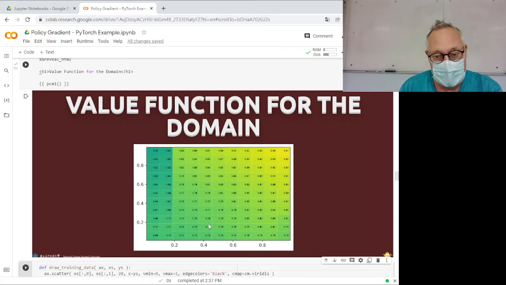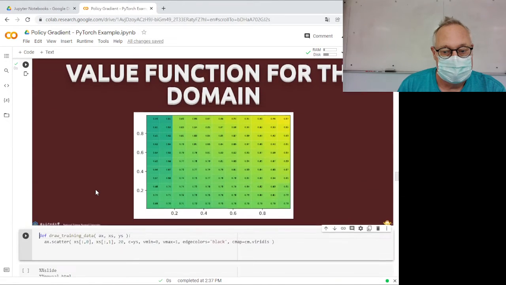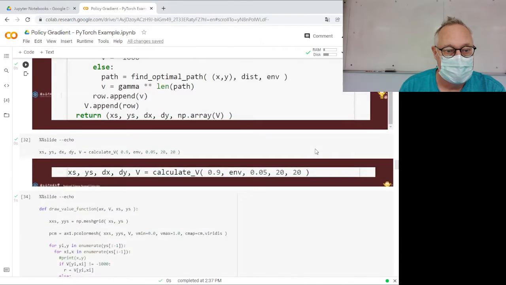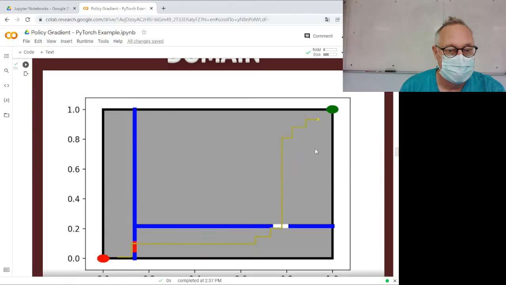And then this is the value function for this particular domain. It's how many steps I need in order to reach the goal location. So let me see if we change the domain. That should be interesting.